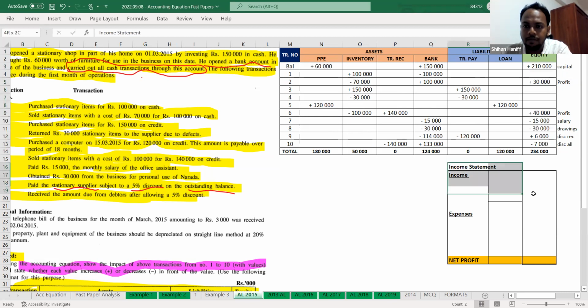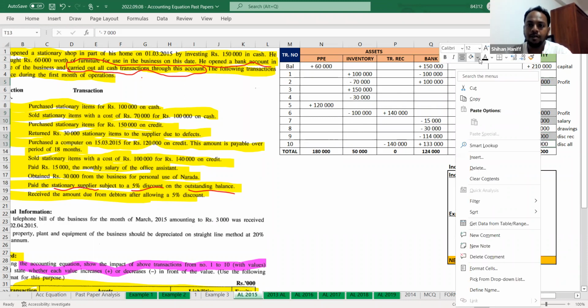Now what comes to income statement? To the income statement, we take income and expenses. Okay, so we can take this profit, salary, discount. Only these items will come.